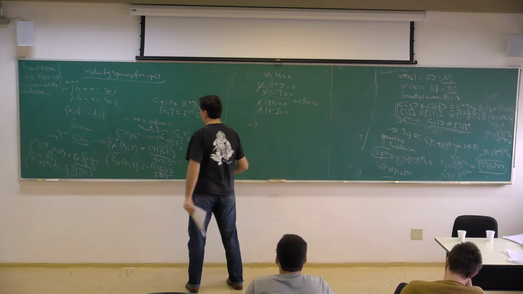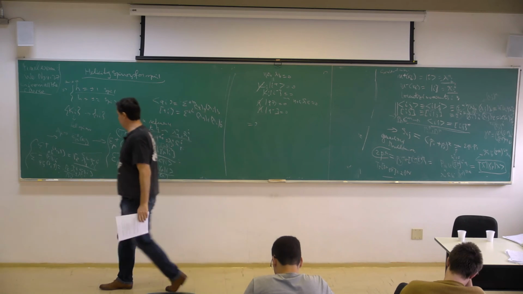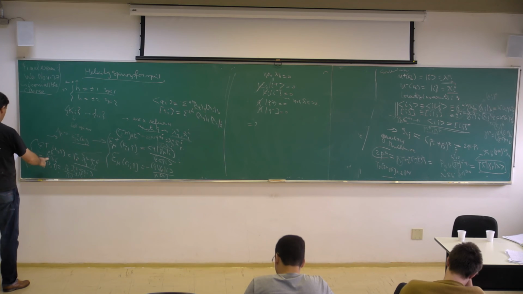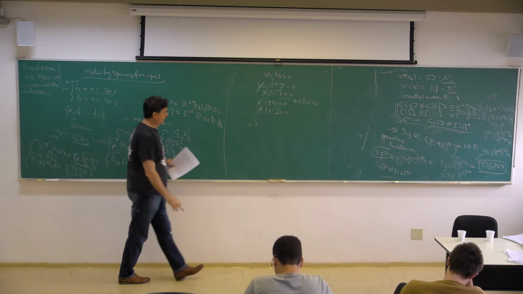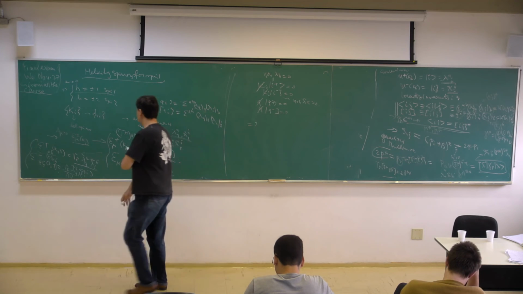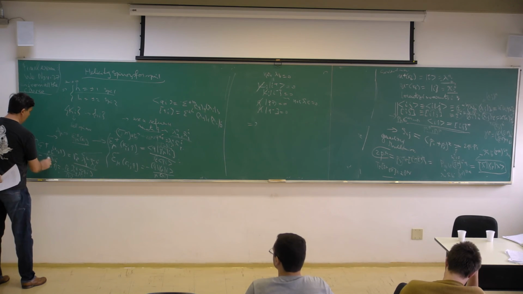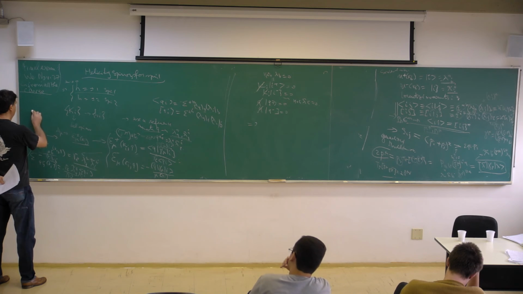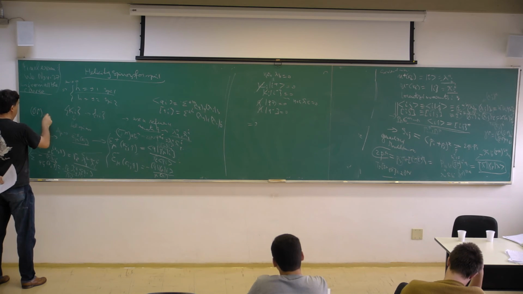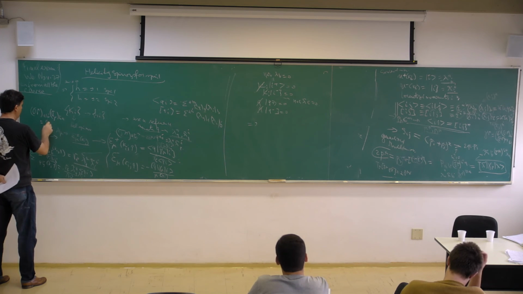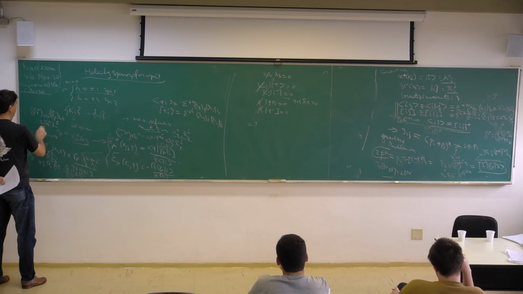So it follows then that this multiplication amounts to a product of, using the completeness relation that sigma mu AB dot sigma mu B dot A is delta A B delta A dot B dot, it's 1/2.